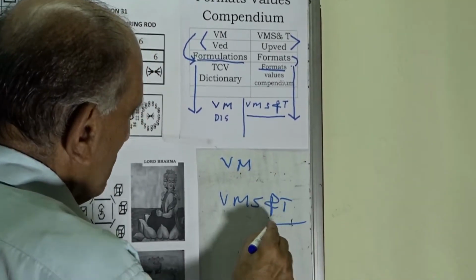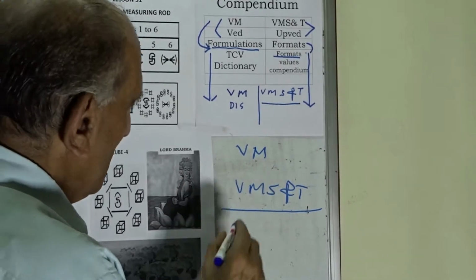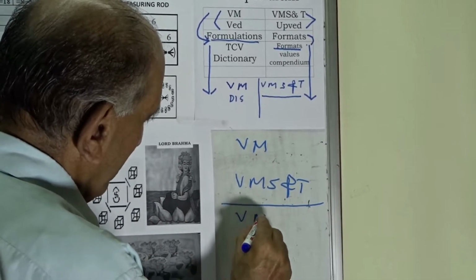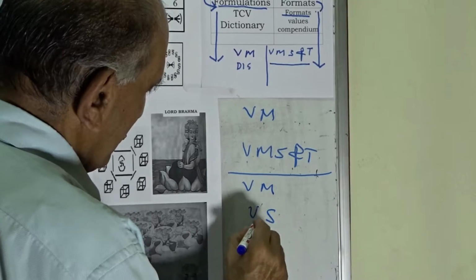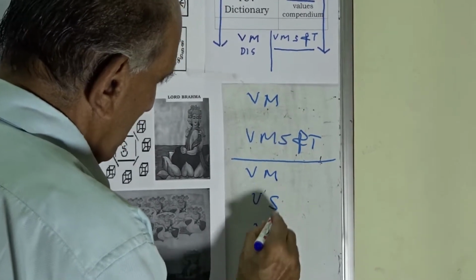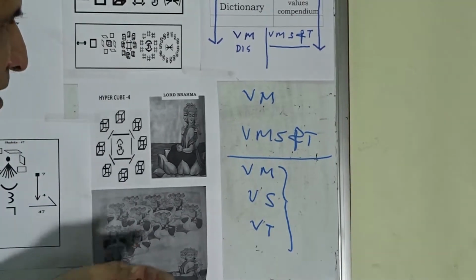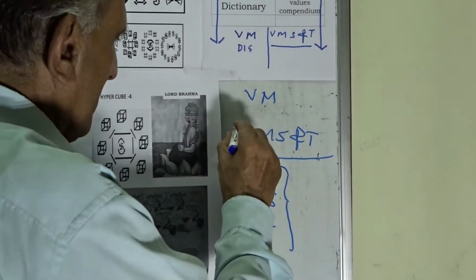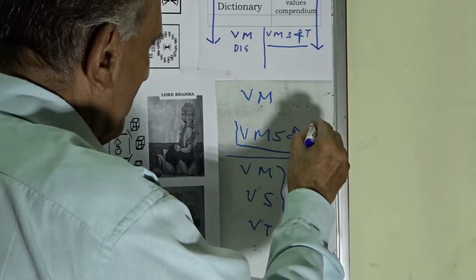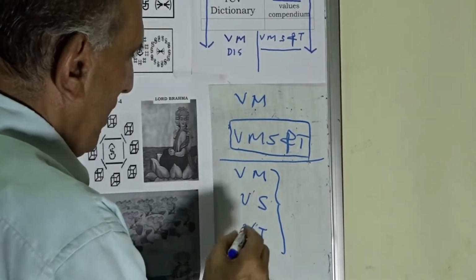One may have a pause here and take note that Vedic mathematics, Vedic sciences and Vedic technologies are independently many disciplines, and the VMST discipline is one which unifies the values along a single format.